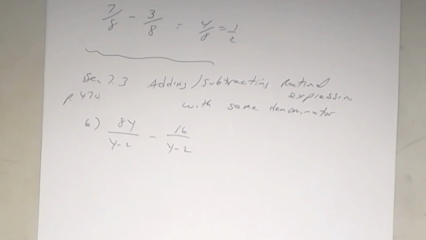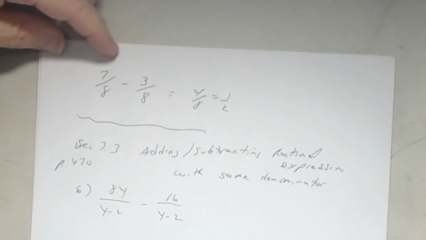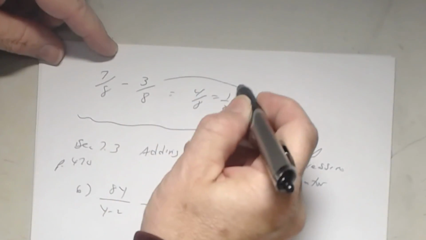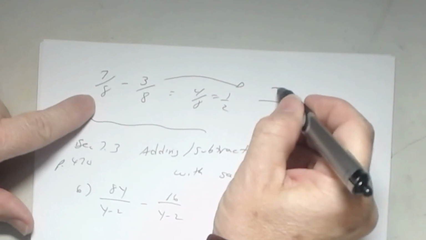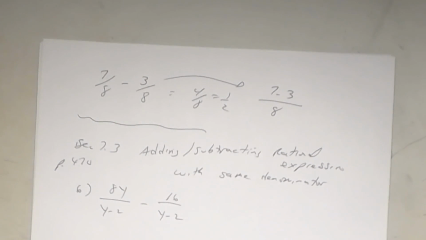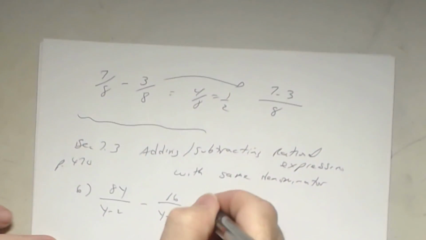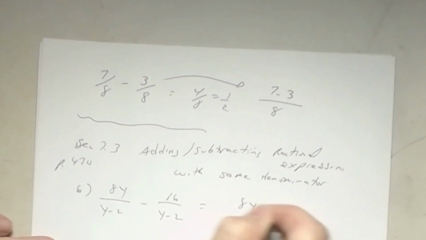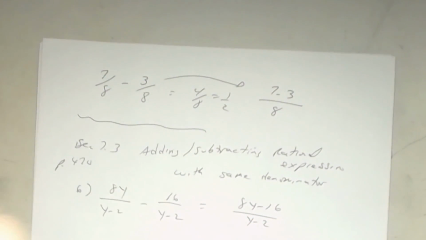So I can write this as 1 fraction. Remember when we did this one, I wrote this as 1 fraction. I said 7 minus 3 divided by 8. So it's just going to be 8y minus 16, divided by y minus 2.